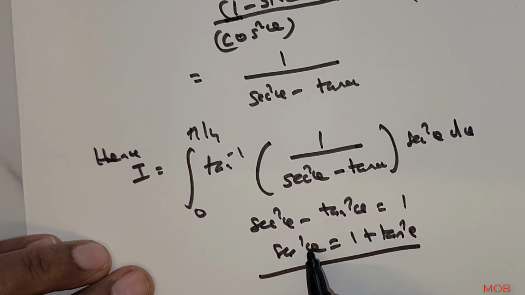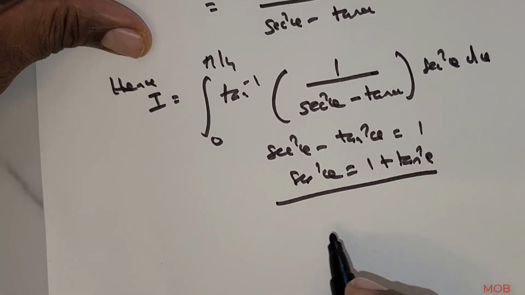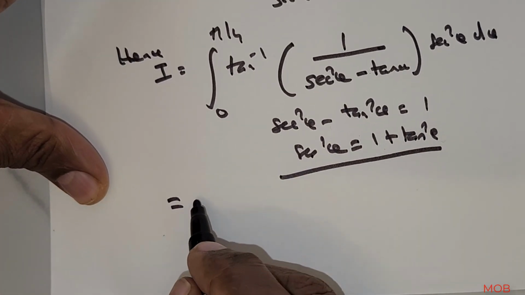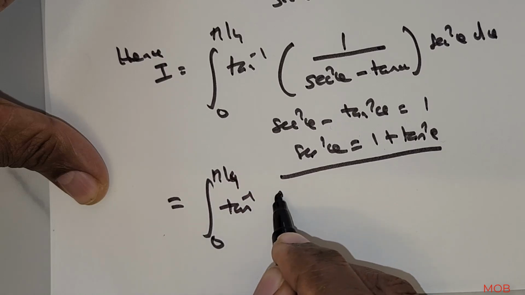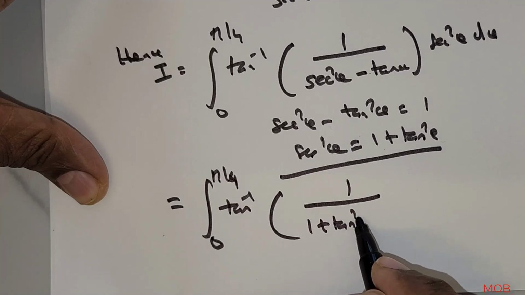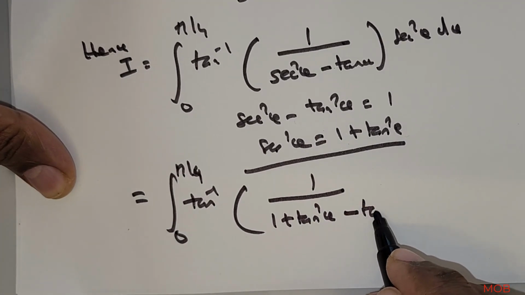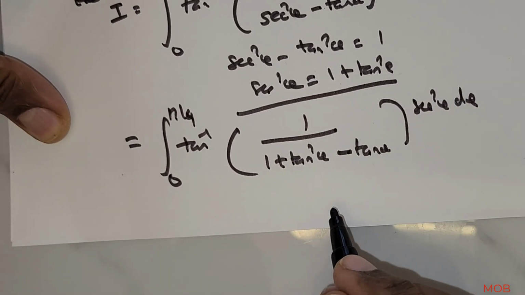Replace secant squared with 1 plus tan squared theta. So 0 to pi over 4 of tan inverse of 1 over 1 plus tan squared theta minus tan theta, times secant squared theta d theta.